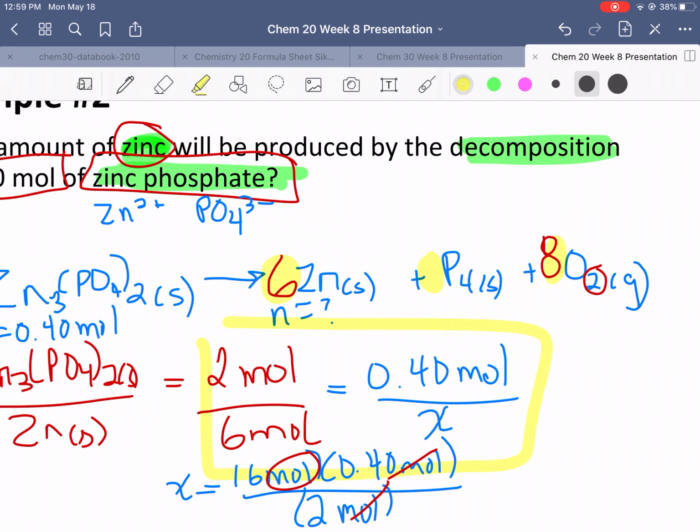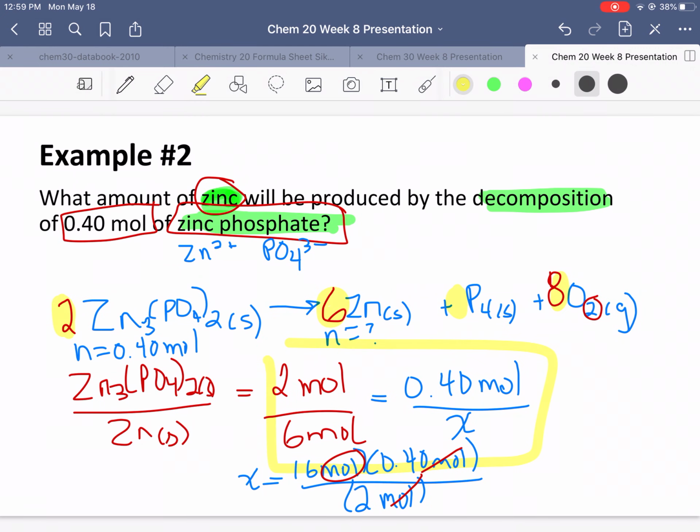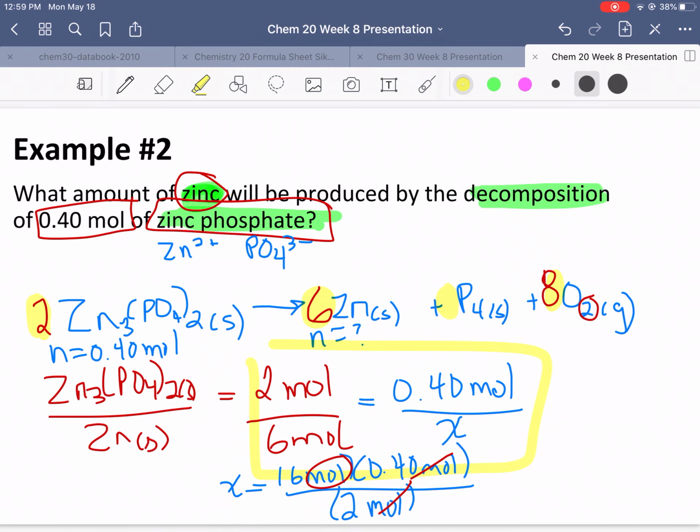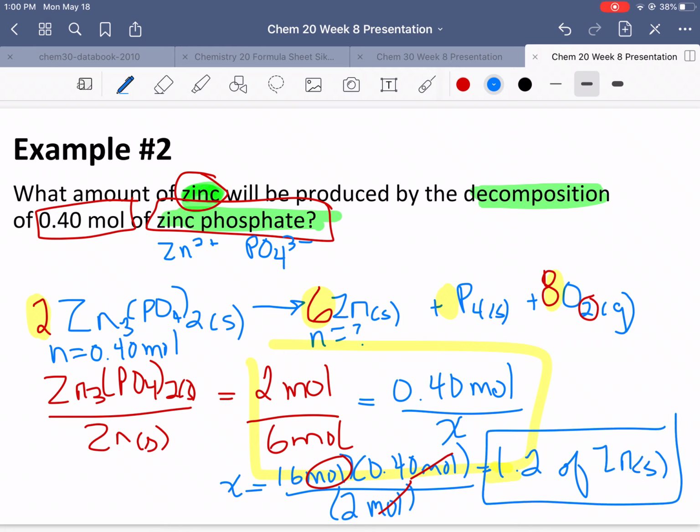We're left with moles. 6 times 0.4 divided by 2. And we end up with a grand total of 1.2, 2 sig digs because of that 0.40, of zinc solid. There it is, guys. All doable.